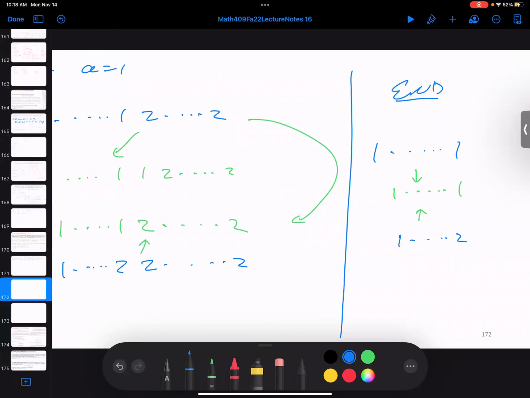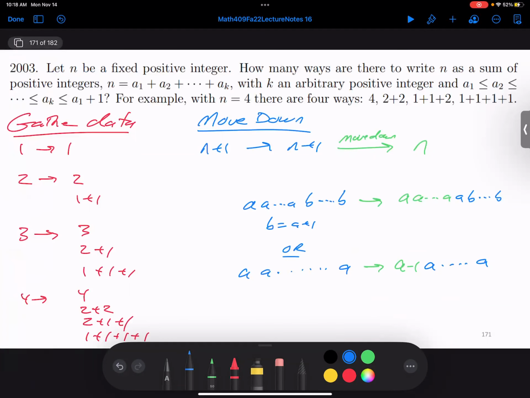So if we go back a slide and we look at what's going on here, the 4 is just going to go to a 3. What's the 2 going to go to? That has to go to 2 plus 1. What's the 2 plus 1 plus 1 going to go to? So this can go to 1 plus 1 plus 1.